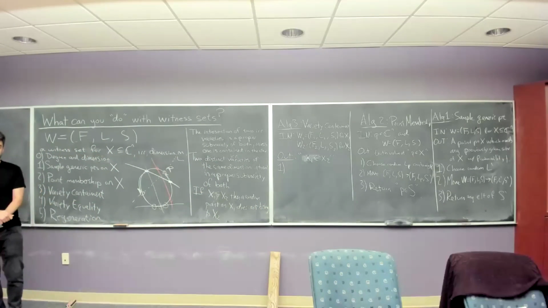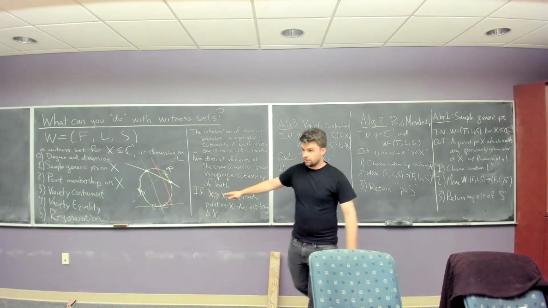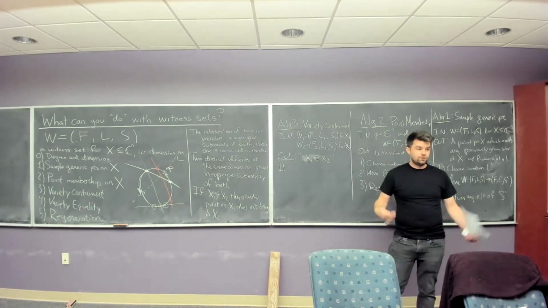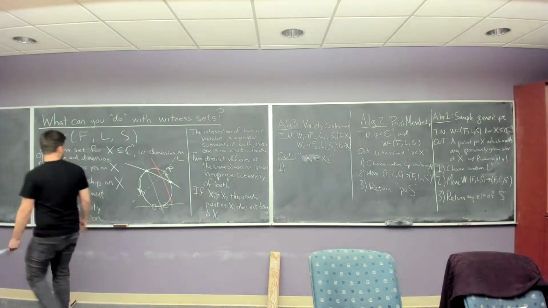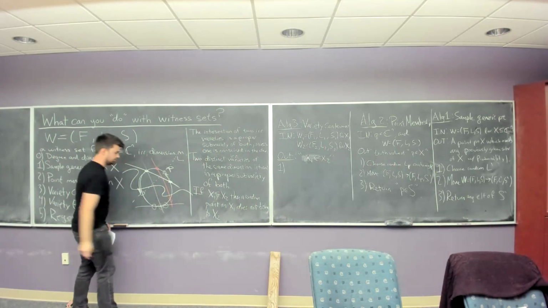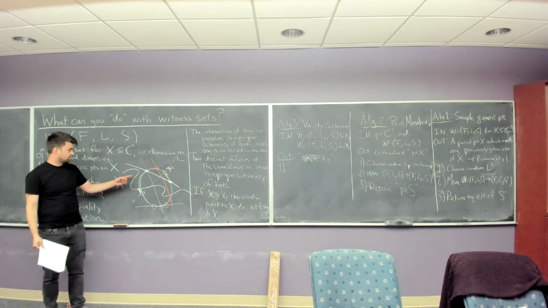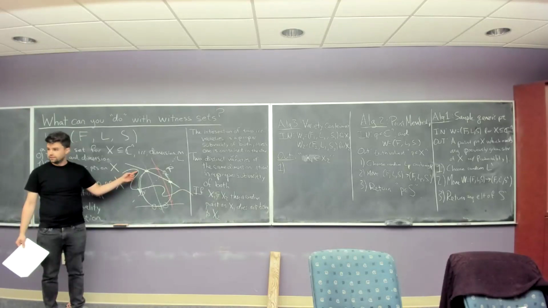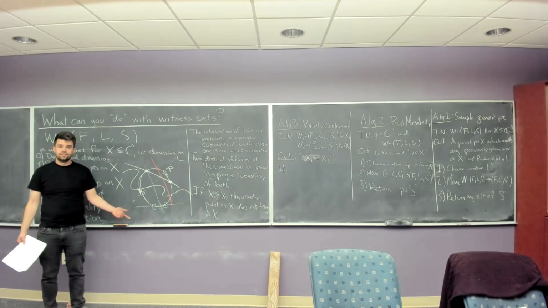You have two varieties, and if one is not contained in the other, a random point on one of them does not belong to the other one. That's how you even tell with your eyeballs when I draw two components. If I drew some other component here, how can you tell that these are different? Well, what you're actually doing in your head is you're going, oh, there's a random point on this curve and that doesn't belong to the other one, and so they're different.